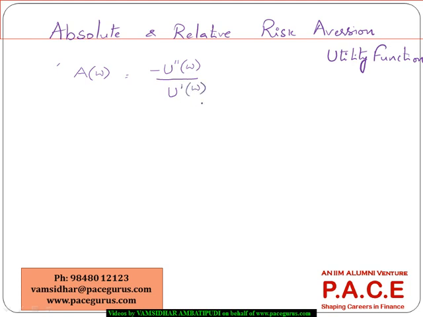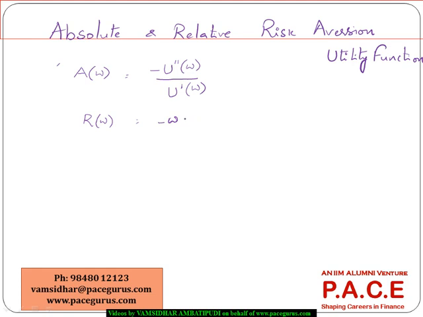This is a measure of the absolute risk aversion, whereas when I bring in the relative risk aversion measure, I'm just multiplying the same with the original wealth because I'm looking at it from a proportion perspective.